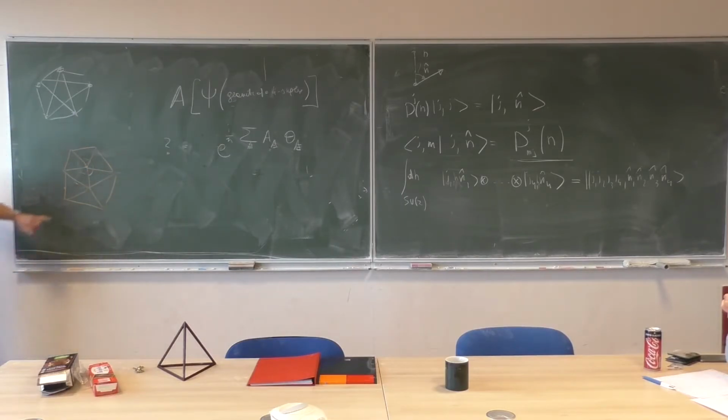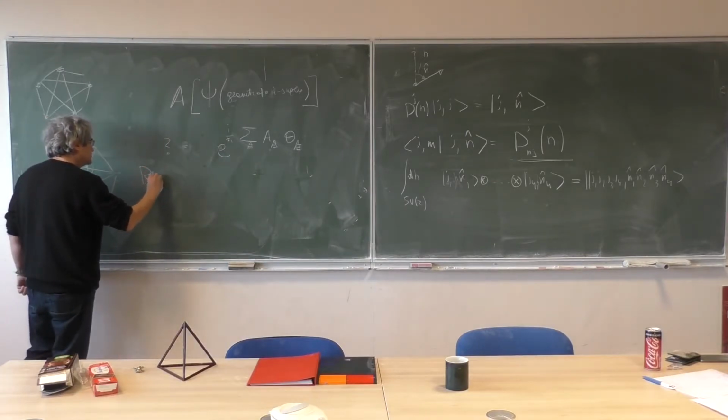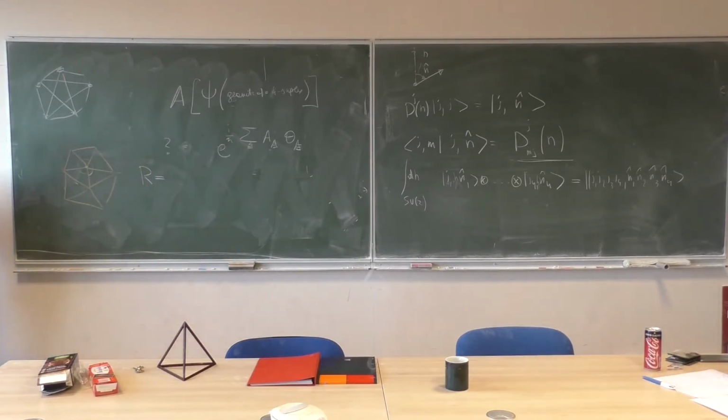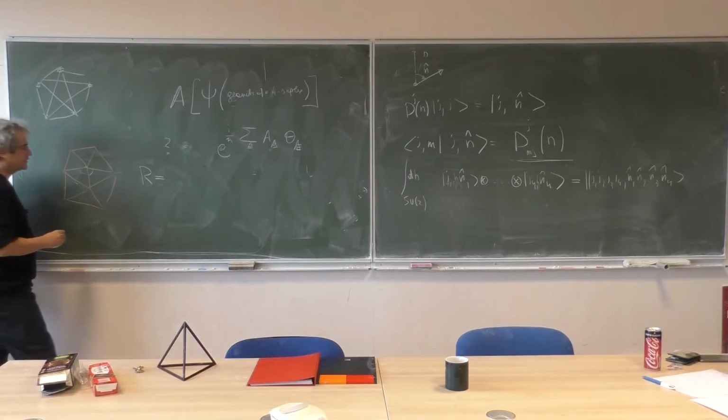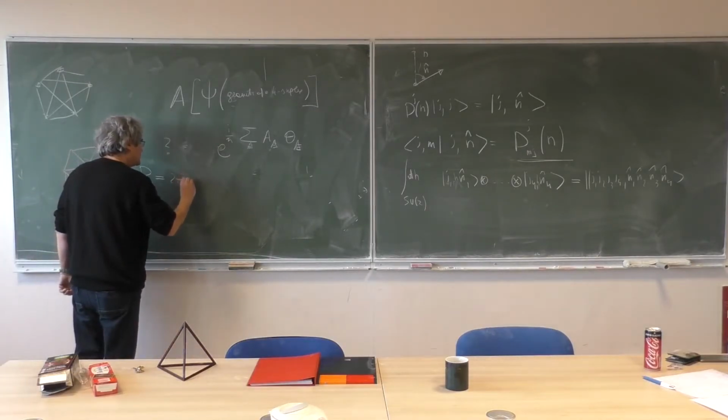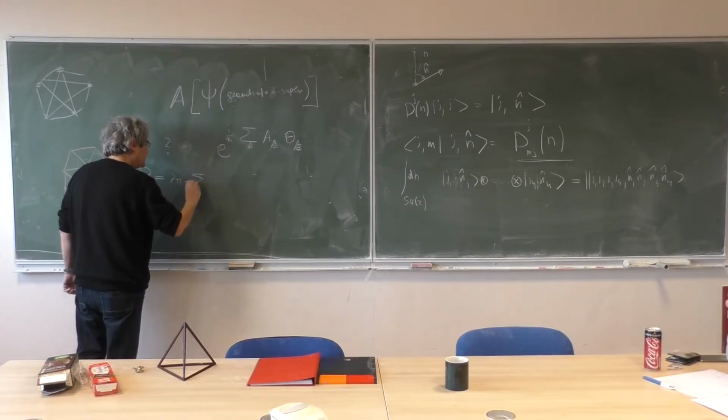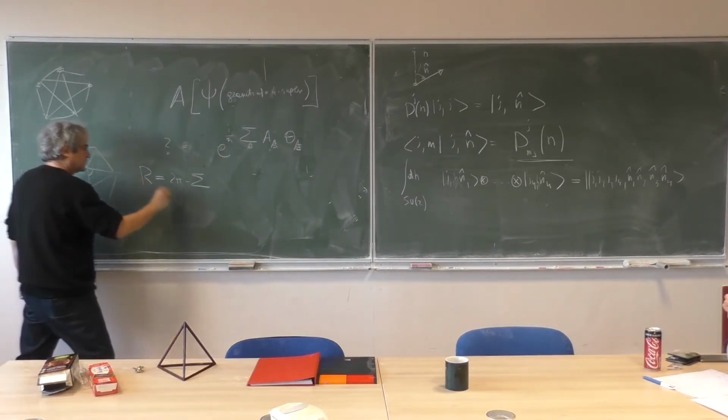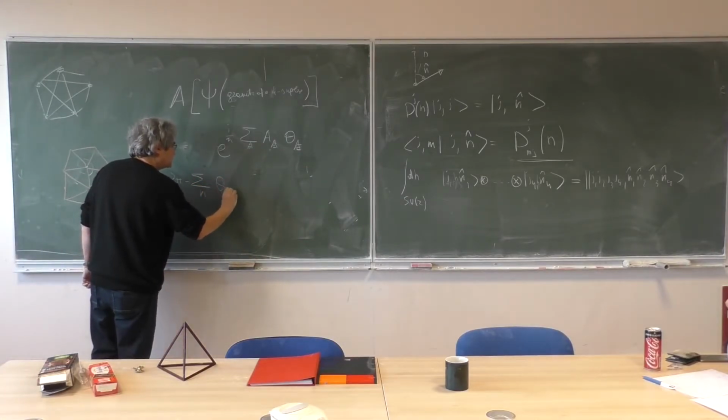In fact, no doubt that for the curvature here, you have to know all these links here and all these links here. So I will call R the curvature there, it's going to be 2 pi minus the sum over, let me say, n of theta n.